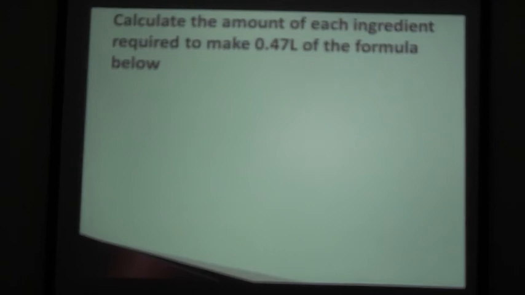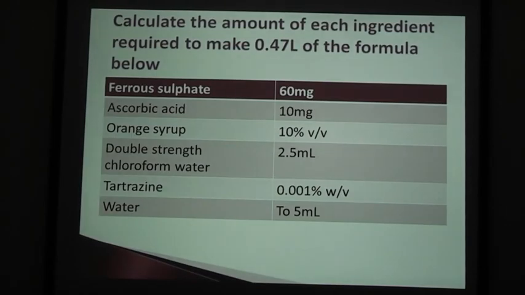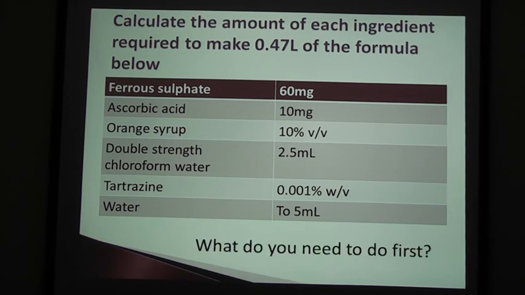Right. Another way this question can be done is like this. Calculate the amount of each ingredient required to make 0.47 litres of the formula below. And then the formula turns up. Ask yourself at this stage, what do I need to do first?